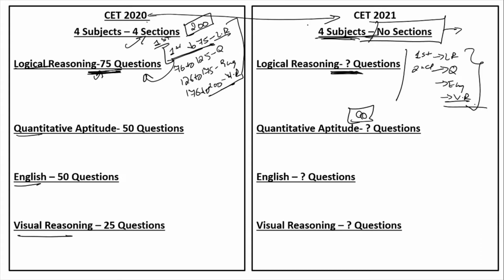In my slot there were only 10 questions of visual reasoning, but the official notification said 25. There were very few questions of quantitative aptitude. My slot was basically dominated by logical reasoning. So this was a major change from CET 2020 to CET 2021.